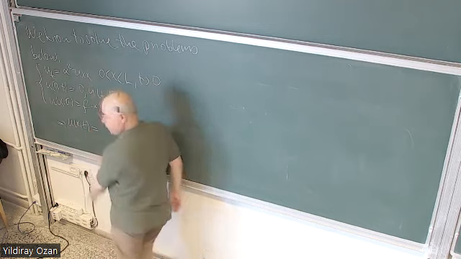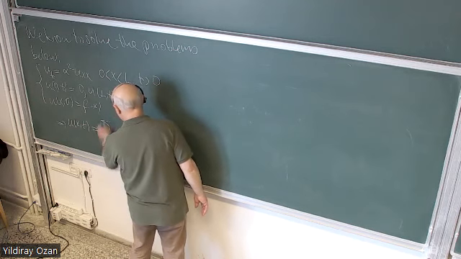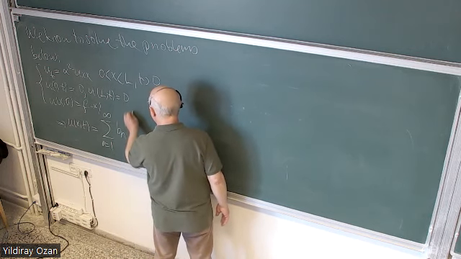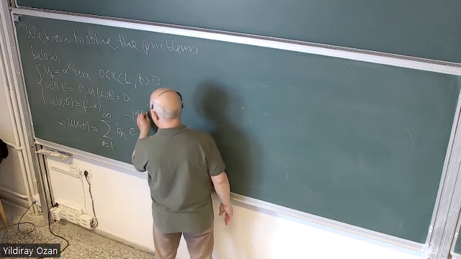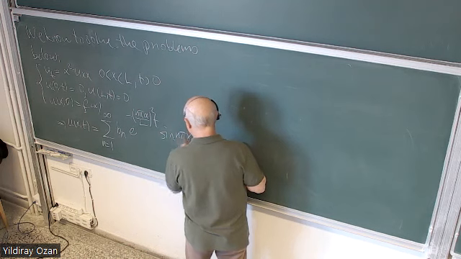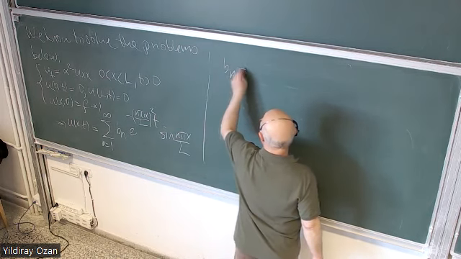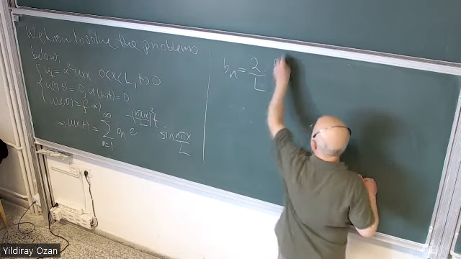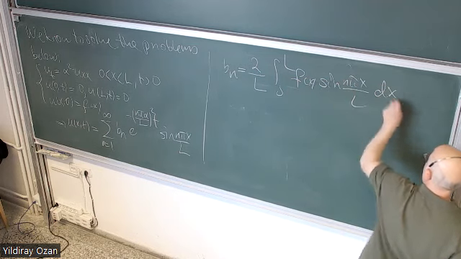u(x,t), right? We can just write down the solution. It is the sum from n equals 1 to infinity of b_n e to the power minus (n pi alpha over L) squared t, times sine(n pi x over L), where b_n is 2 over L times the integral from 0 to L of f(x) sine(n pi x over L) dx.